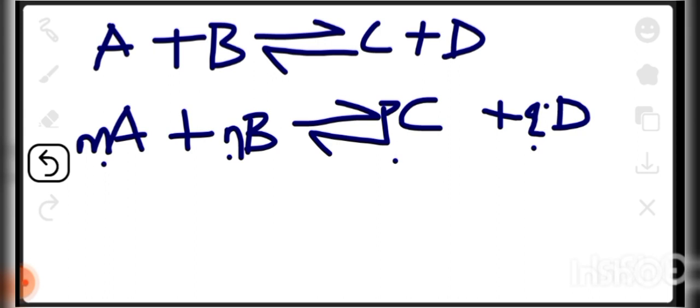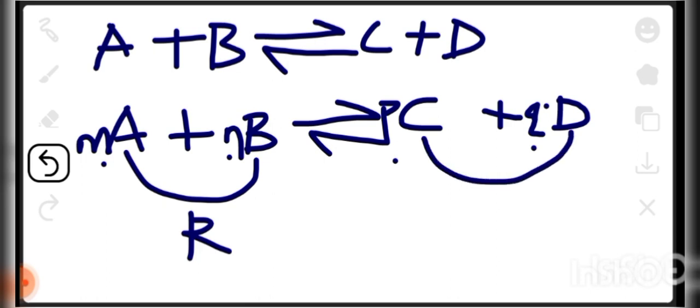The reactants are the A and B, so we call them the reactants. Then the products are the C and D. We call these ones the products.